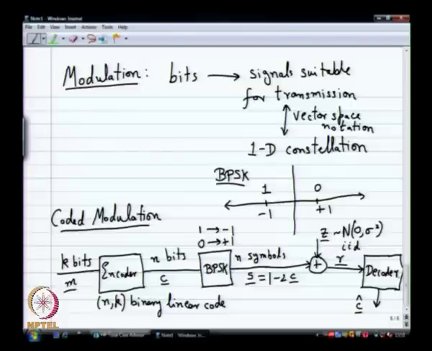That is the way I have combined the coding and modulation. I am going to run a decoder directly on the received values without doing any bit by bit, symbol by symbol demodulation. I will not do any such thing. Of course, that is one choice, and I will talk more about that later.